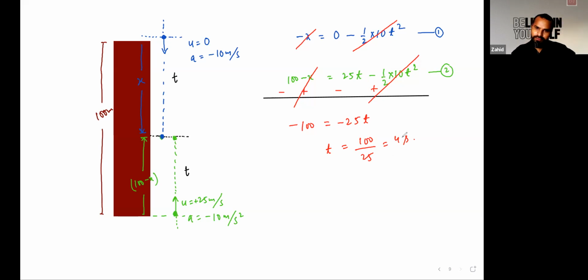Just put this particular value of t to be 4 seconds in first equation.